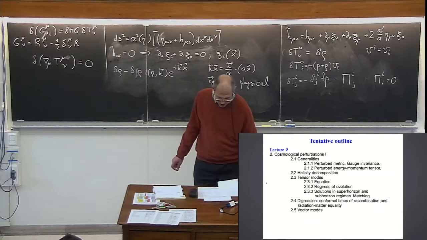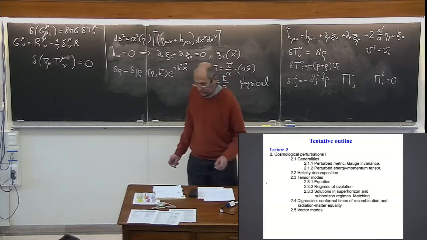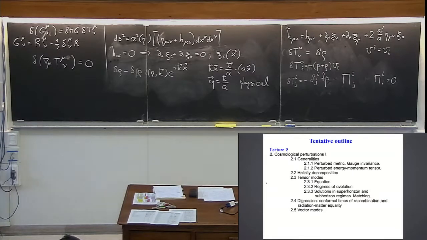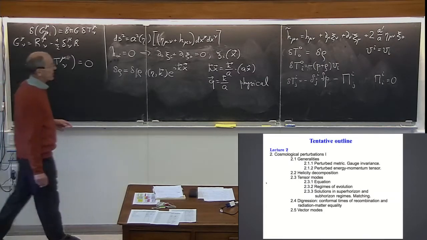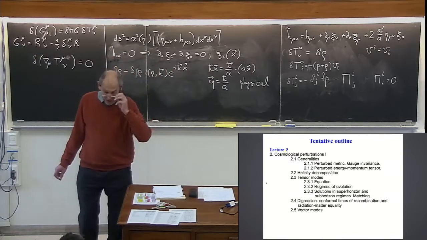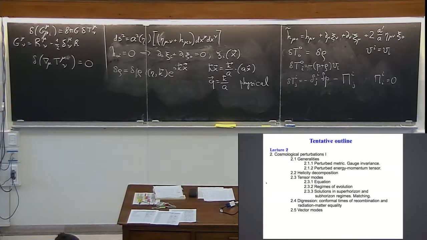Okay, now we will discuss solutions mode by mode, meaning solutions with a given momentum k. Once you have a given momentum k, you break your SO3 symmetry in space, right? You have a directionality of the momentum which singles out some direction for you.